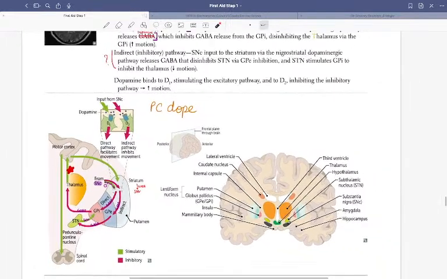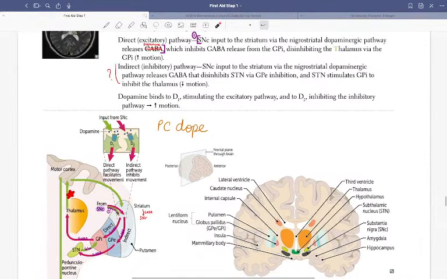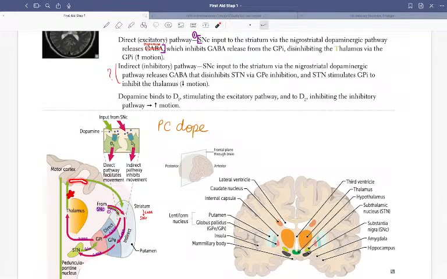So here, from the motor cortex, you basically have some fibers coming to your globus pallidus externus. First, it comes to the putamen.